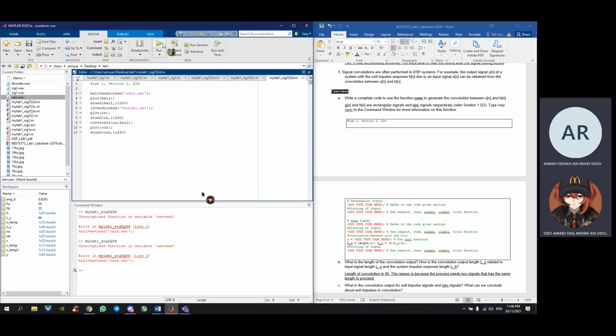Okay, we're going to run. Basically, the first sound is the rain sound, and the second sound is the thunder.